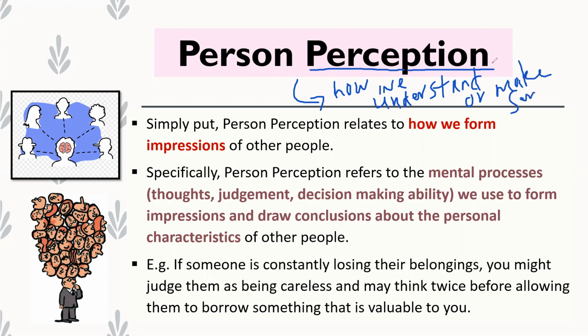So person perception is simply how we understand or make sense of people around us, okay?